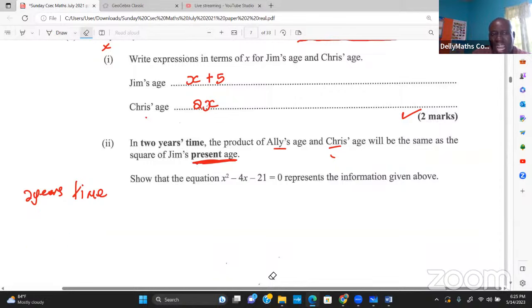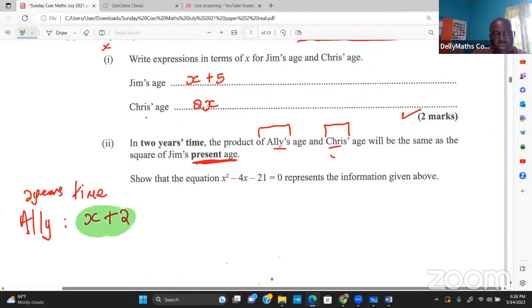It should be Chris and Ali. Let me highlight it. Here it is, Chris, Ali. I wrote Jim. So let me write Ali. That's my writing error. Ali would be x plus 2. So we're focusing on Ali. And they said Chris. Chris was 2x, so Chris is going to be 2x plus 2.